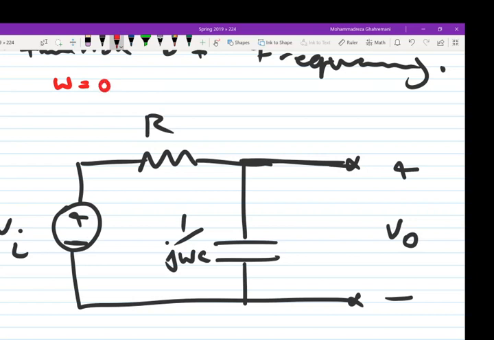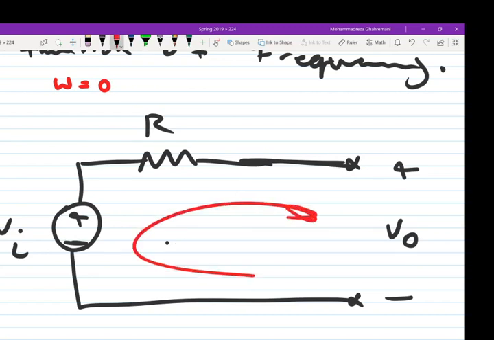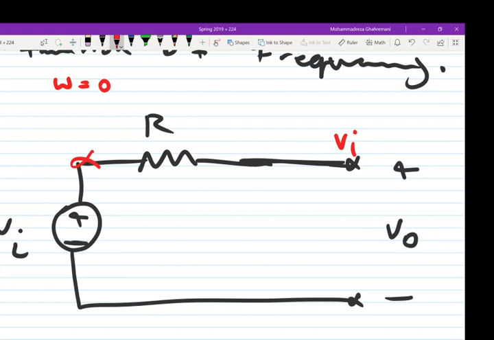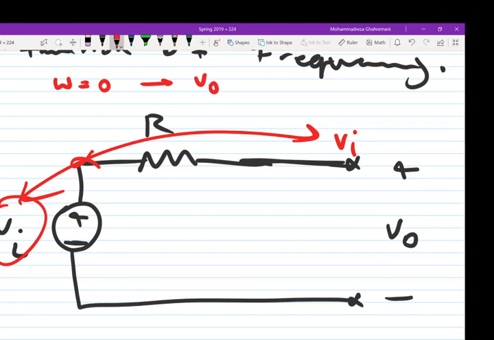If omega is 0, the capacitor is an open circuit. There is no current. So when there is no current, both sides of the resistor have the same voltage. So the other side also has the voltage VI. So these two are the same. As a result, VO is equal to VI and gain is 1.